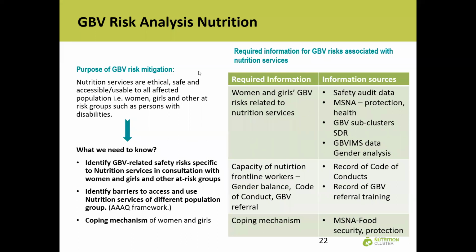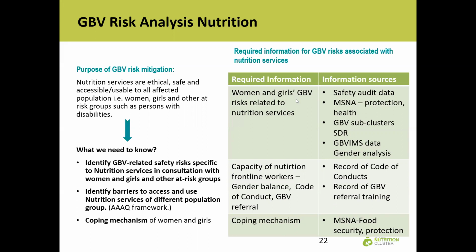So there are quite a lot of different risk factors that our users, especially pregnant and lactating women and girls, face when they access services. As for information sources, I know that some of the nutrition colleagues are already doing safety audits, so that data can help you understand.